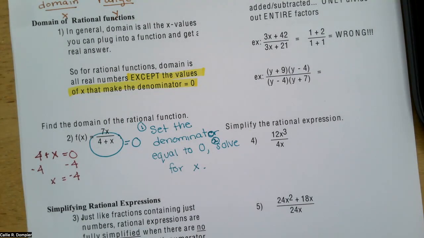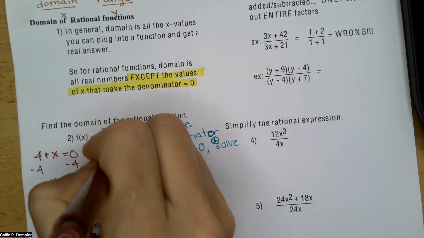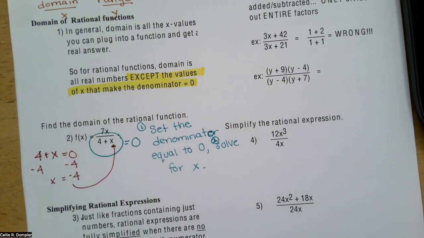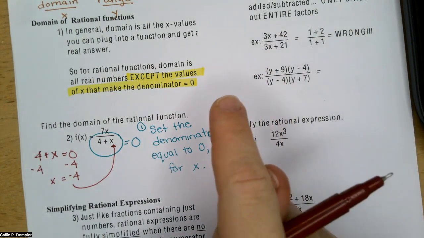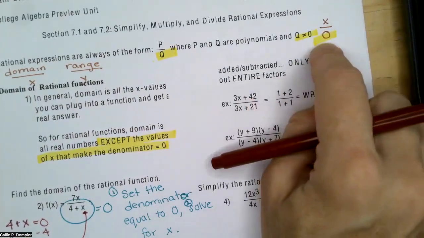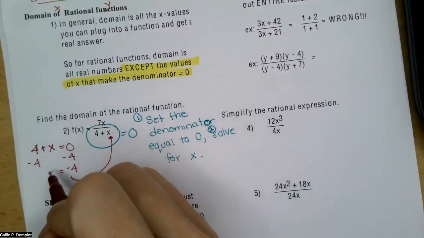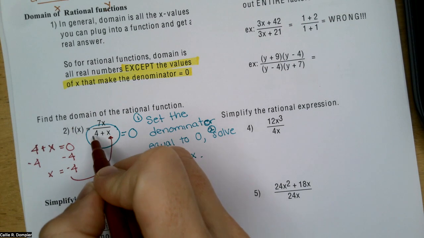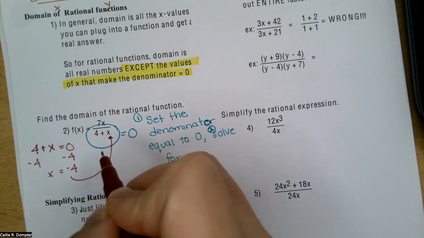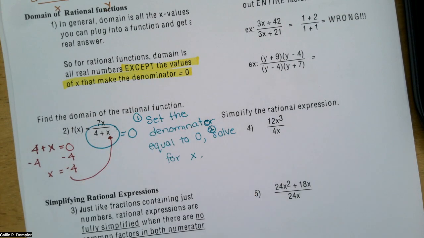Because if I put that x value in right here, that will make the rational function impossible, right? The denominator can't equal 0. So if I say x is negative 4, 4 plus negative 4 equals 0, the denominator is now 0. That cannot be. That is not a rational function.